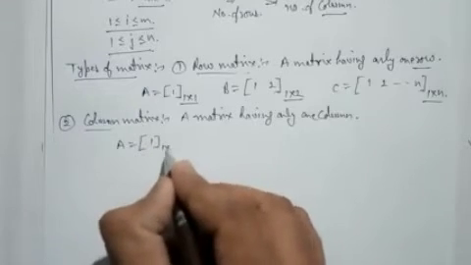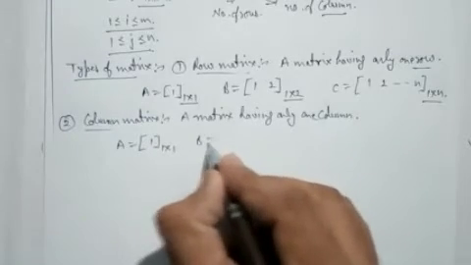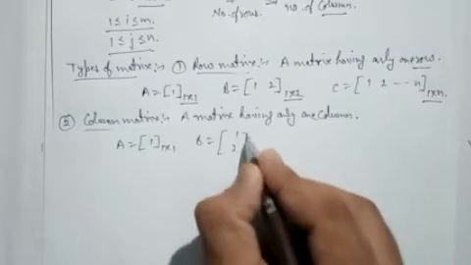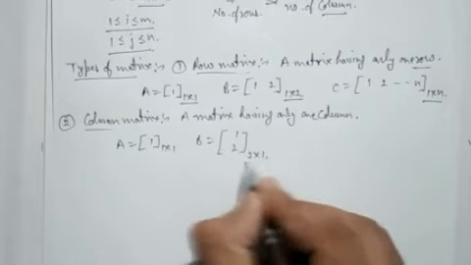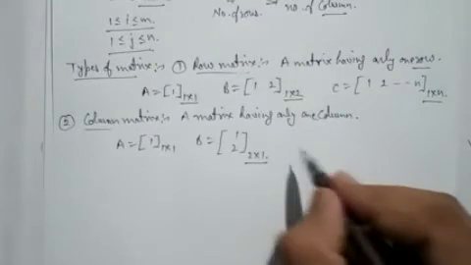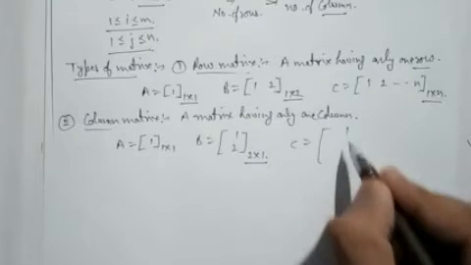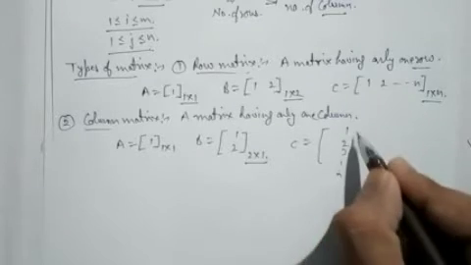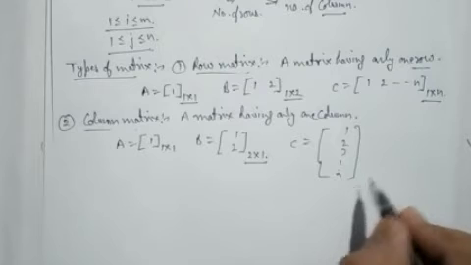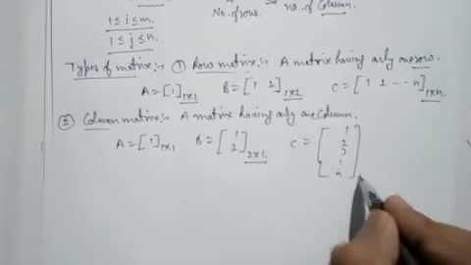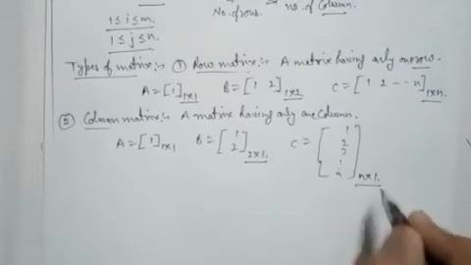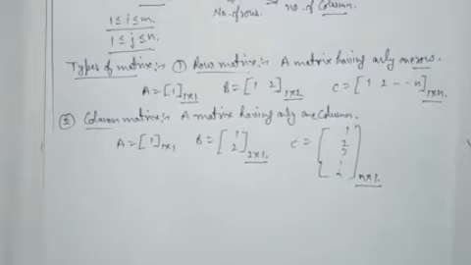This is also a column matrix. B is also a column matrix. The order of this matrix is 2 cross 1. C is also a column matrix, and this is n cross 1. Clear?